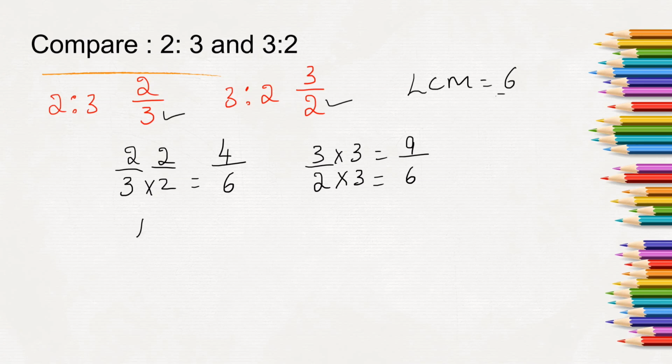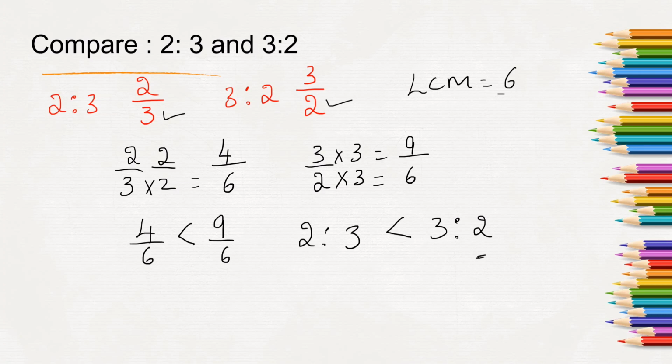Now we know when we compare 4 by 6 and 9 by 6, 4 by 6 is lesser than 9 by 6. Therefore, 4 by 6 is nothing but 2 is to 3 and 9 by 6 is nothing but 3 is to 2. So here we can say 2 is to 3 is lesser than 3 is to 2.